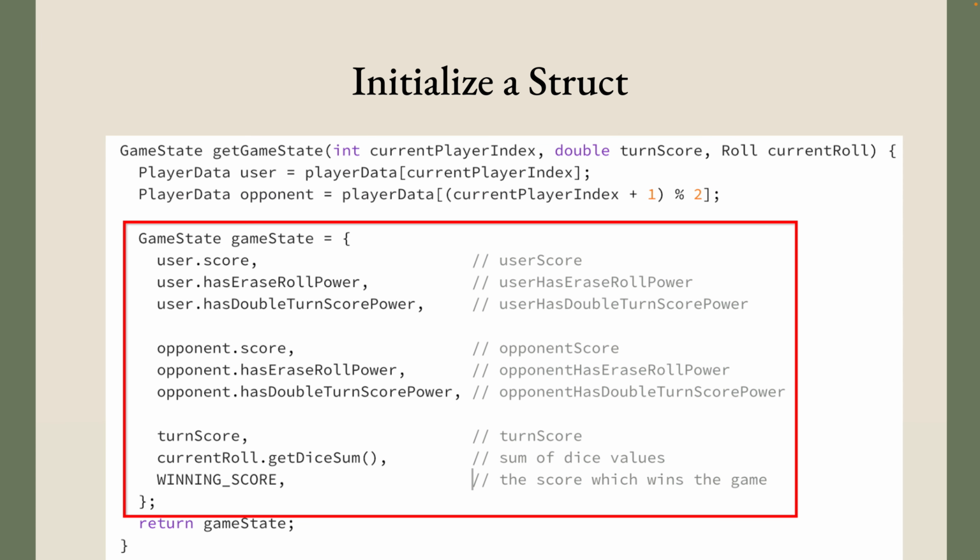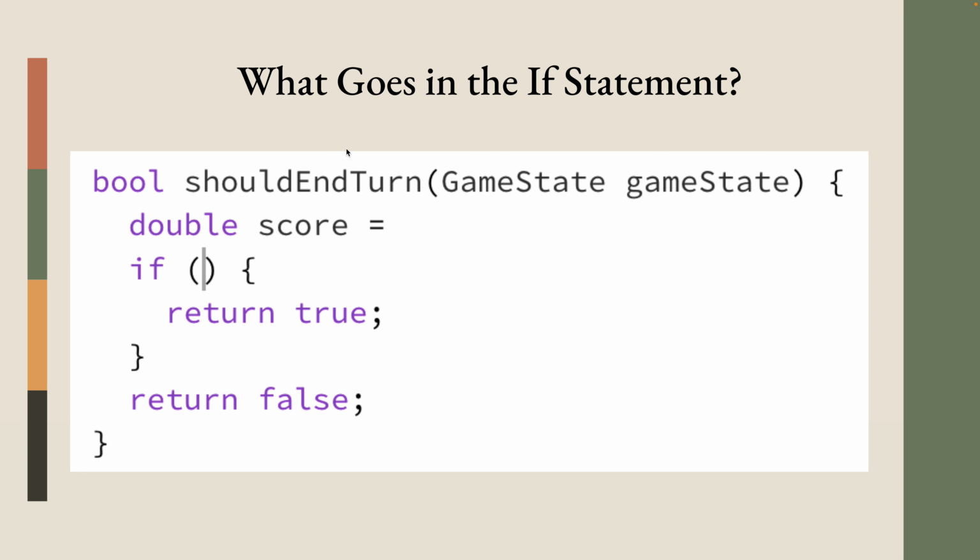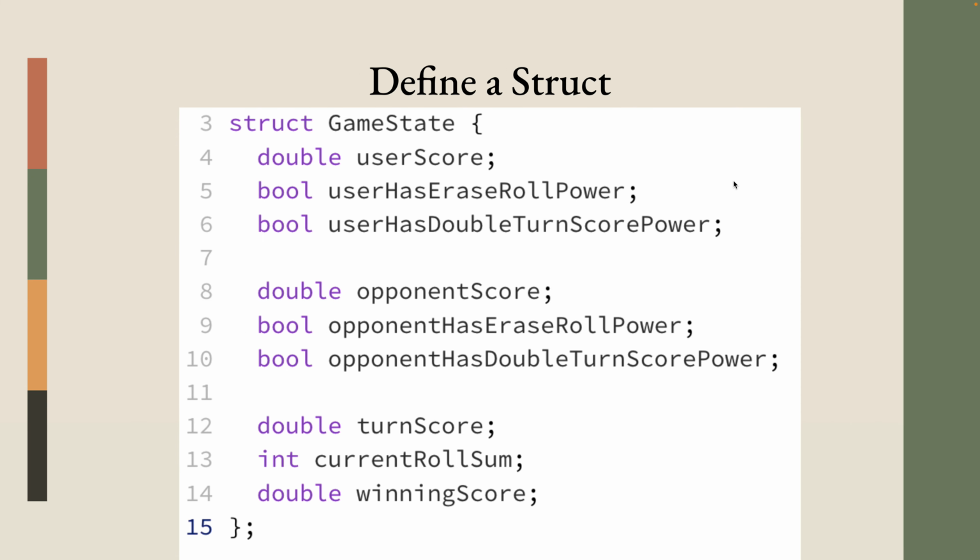So instead, for example, in should end turn, we just give you one parameter. And what is the data type of this parameter? The parameter is game state. So you can use this variable game state with dot notation, and you would have access to all 9 of these data fields. Does that make sense?